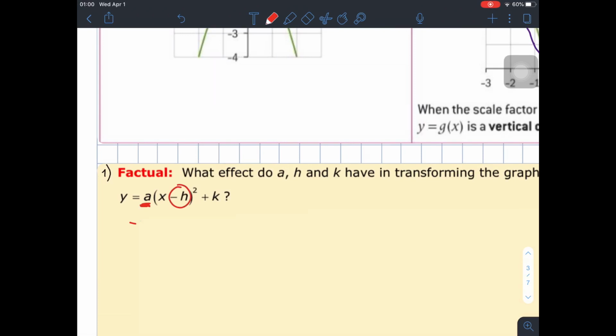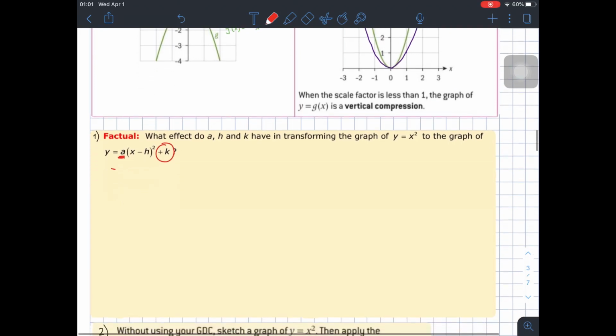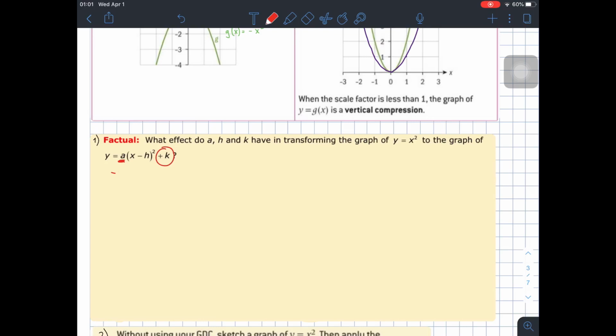Then this h over here, which is inside with the x of the function, makes a horizontal shift, right? h units to the left or to the right, depending on the sign of the number. And finally, k, as it is outside of the function and we're adding a value k, is doing a vertical shift, right? k units up or k units down, depending on the sign of k.